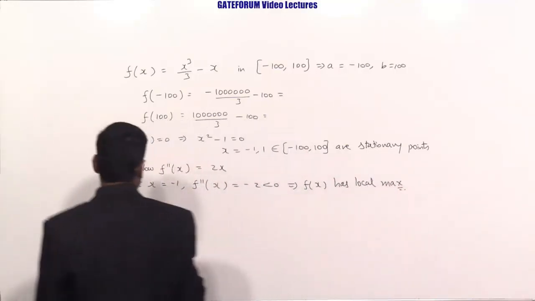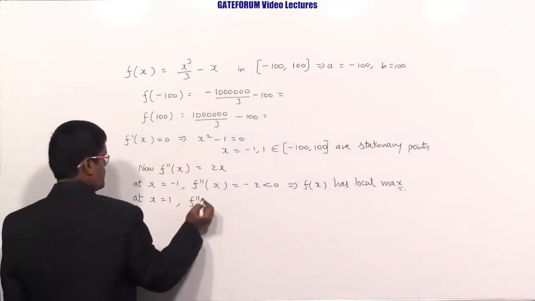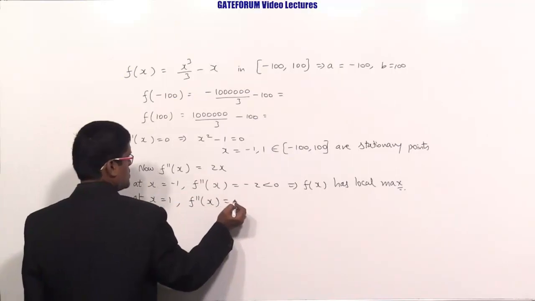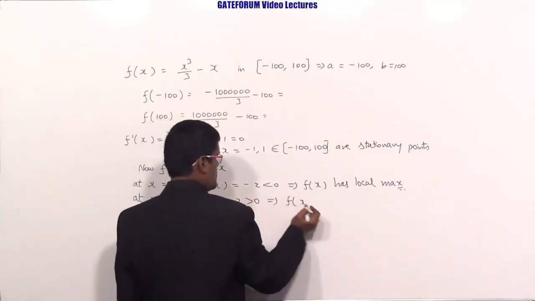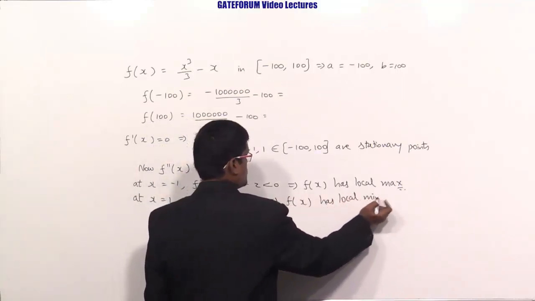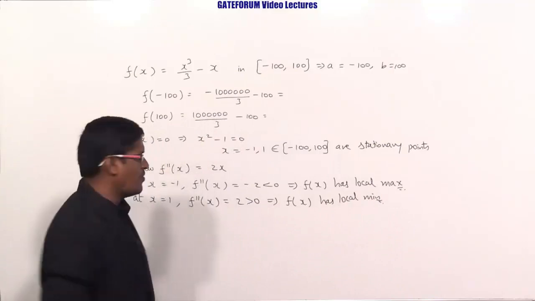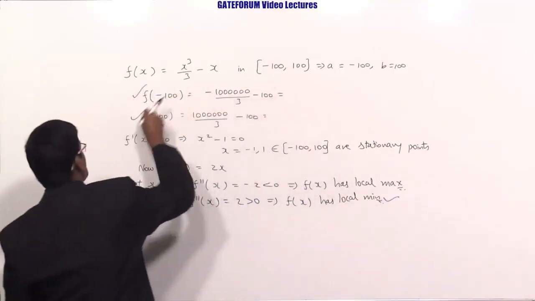Okay, at x is equal to 1, f double dash x, that is the second derivative, becomes plus 2, greater than 0. When the second derivative is greater than 0, the function has a local minimum at that point. The question is related to the minimum value, so this is to be considered.